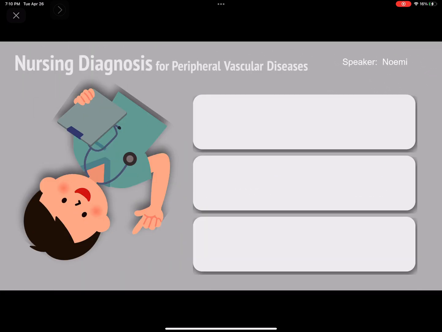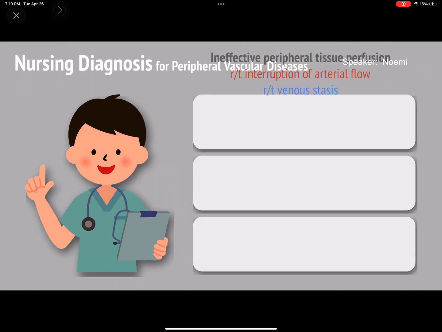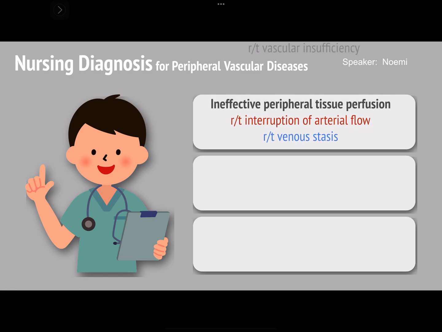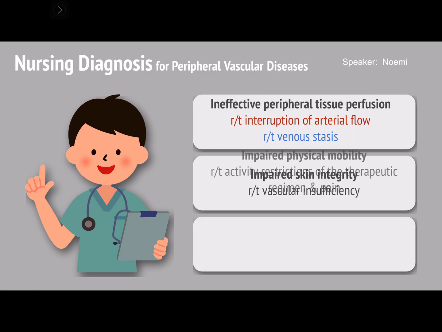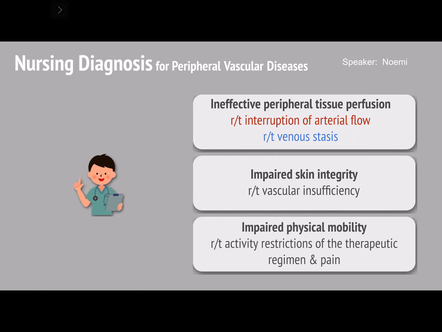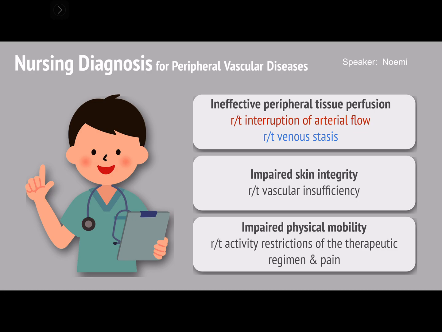Nursing diagnoses for peripheral vascular diseases. Let's keep in mind that the nursing diagnoses are dependent upon the underlying process and nursing assessment data. Three possible nursing diagnoses are the following. For PAD, we have ineffective peripheral tissue perfusion related to interruption of arterial flow.